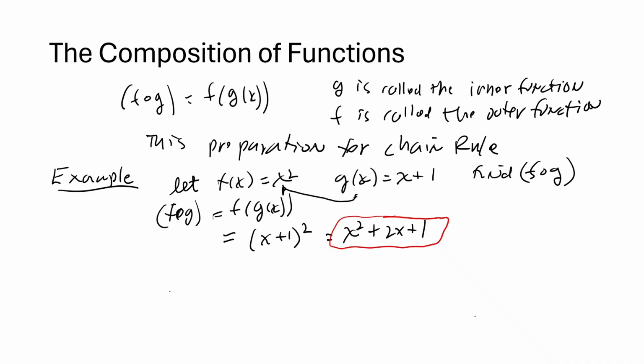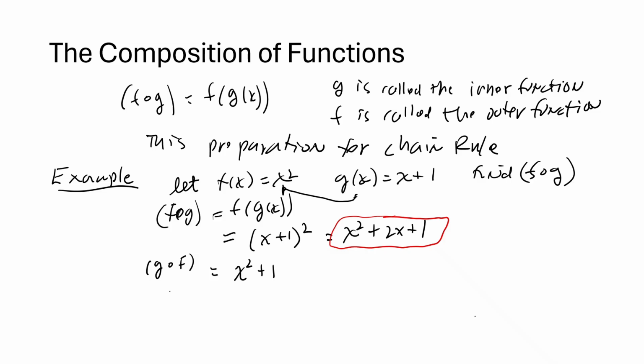Now let's do the opposite case. Let's look at the composition of g with f together. Now we're doing it in reverse order. So in this case, f of x, x squared, is our outer function, and g is inside.